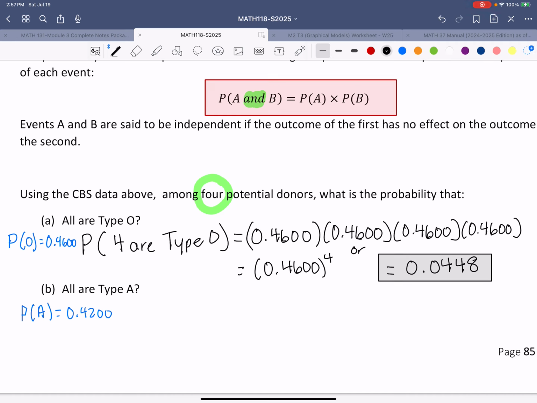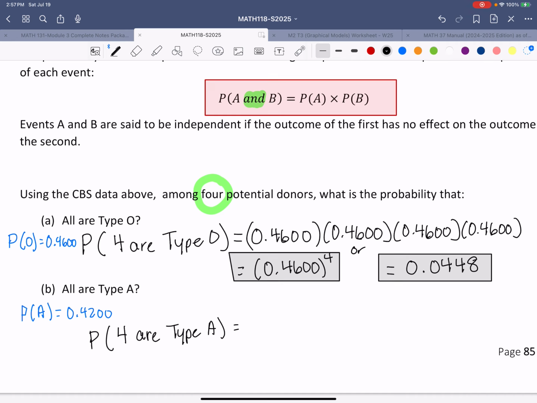Okay, so if all of these volunteers are going to be type A, we're going to set this up exactly the same, except I'm going to say probability that 4 are type A. And I'm going to use the shortcut, which I'll highlight here because I feel like that's a lot less work, especially when we've got multiple volunteers that we're looking at.